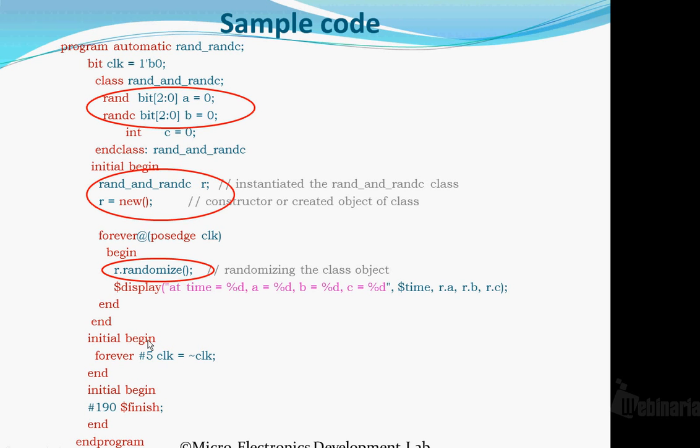Now I am generating the clock using a forever loop with a clock period of 10, and after a certain delay I am finishing the simulation using the $finish keyword. So this is the entire program. Now we will see the output of this program.